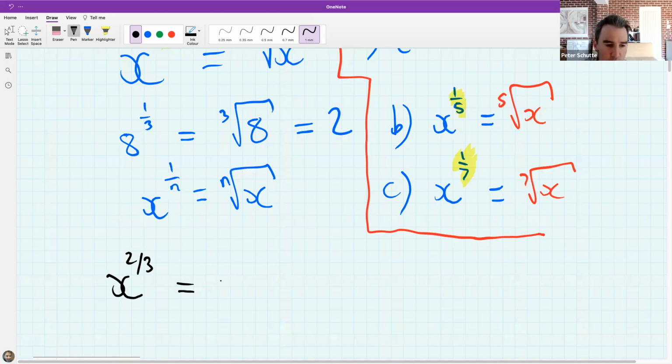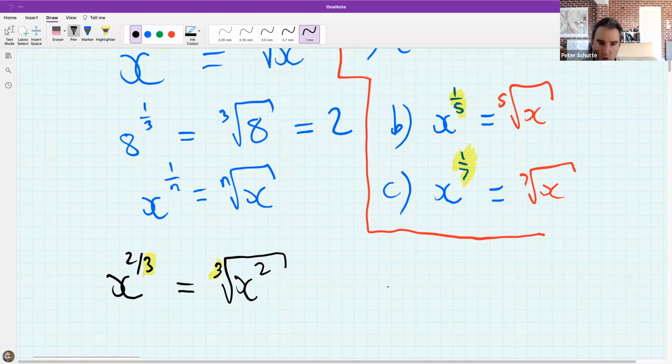Well, all we do is focus on the 3, which is on the bottom, the 2 stays where it is, and we can rewrite it like this. So x to the power of 2/3 is the same as the 3rd root of x squared, which is a little bit weird, but basically the denominator is really important when we deal with rational exponents. You notice that 3 is out here.